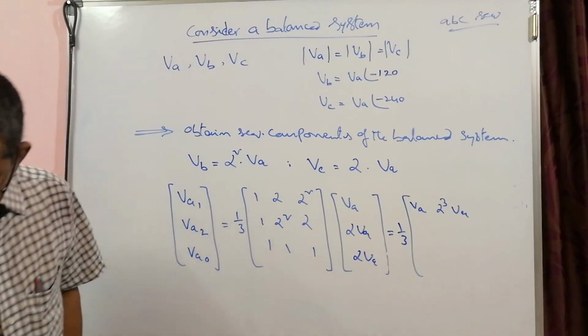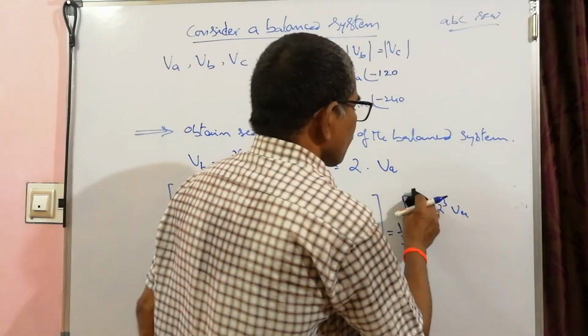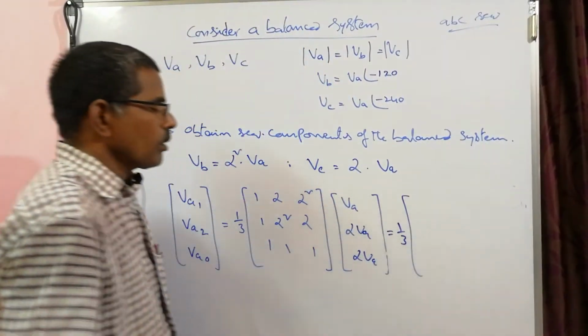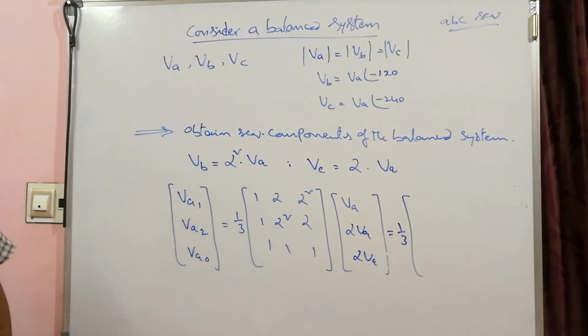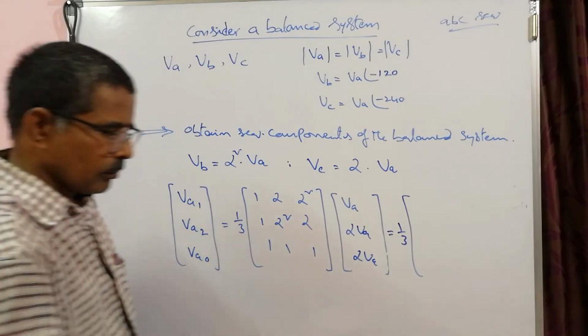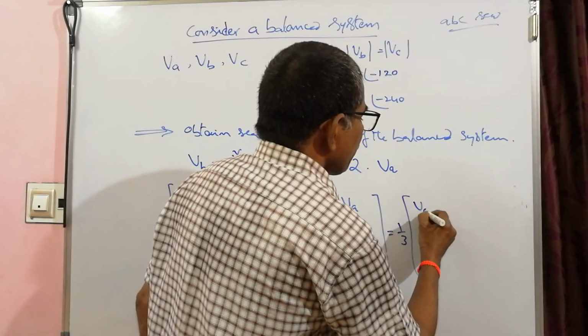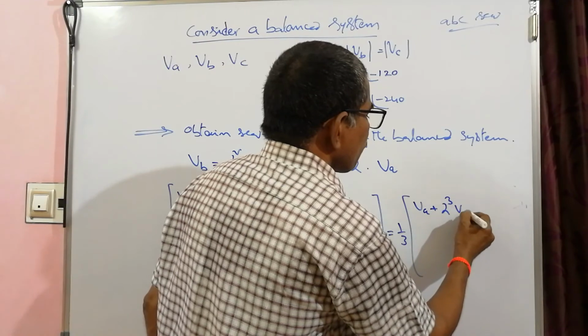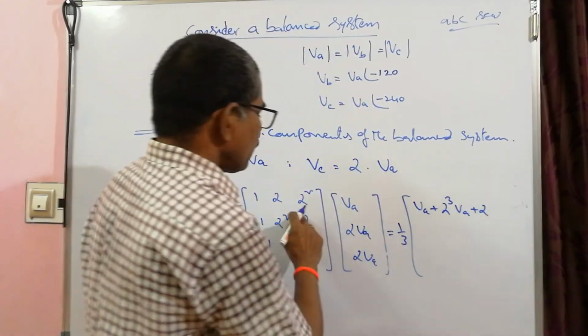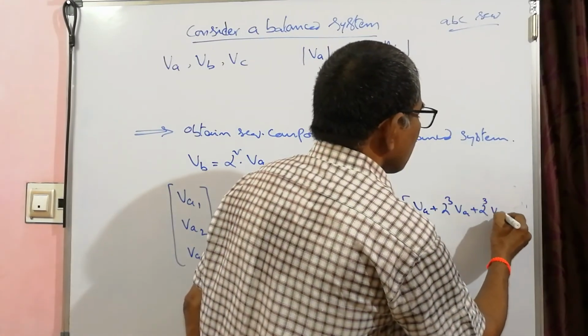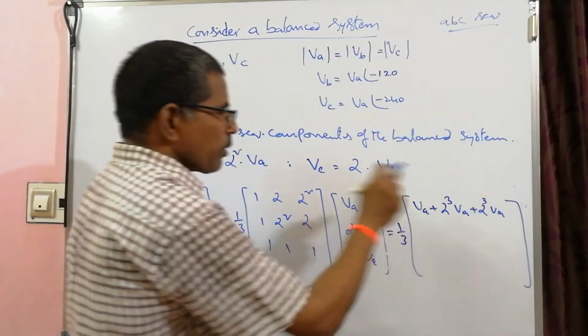So what does it become? So VA plus alpha cube VA plus again alpha cube VA, that is my first term.